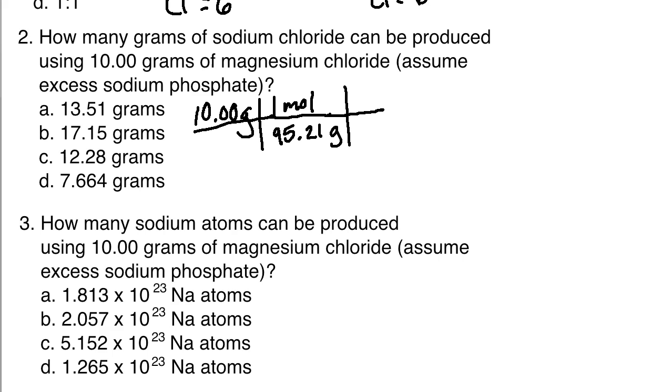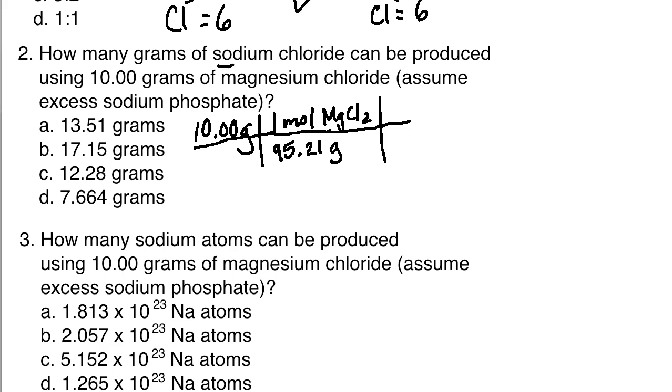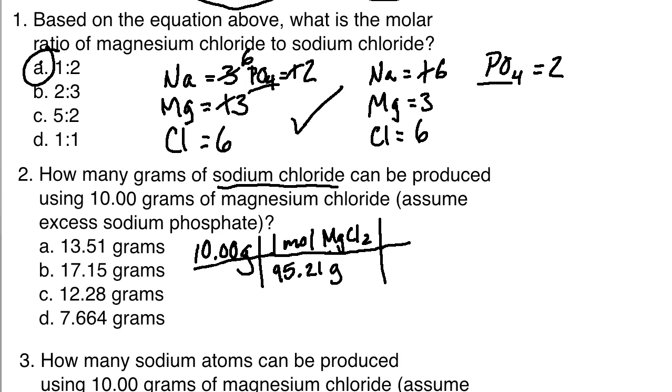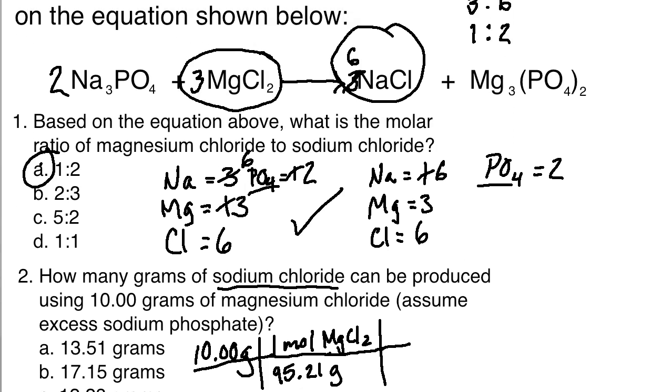Now, I'm going to squeeze this in up here. I'm going to give myself a little more room, just because I want to make sure everybody sees where this gets canceled out here. All right? So that's for 1 mole of magnesium chloride. So I then would go up to my equation. I'm looking for sodium chloride. How much sodium chloride can I produce? Well, this is all the same sort of question here, right? We looked at this ratio first.